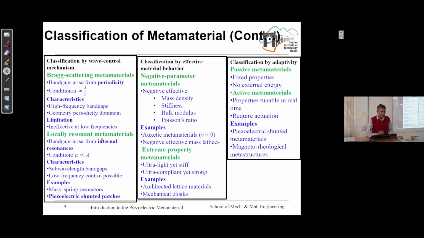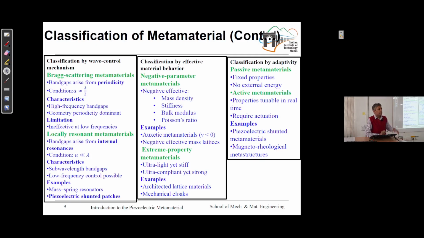Bragg scattering metamaterials arise because of periodicity in the metamaterial. You have seen already that meta atoms are arranged in a periodic fashion.